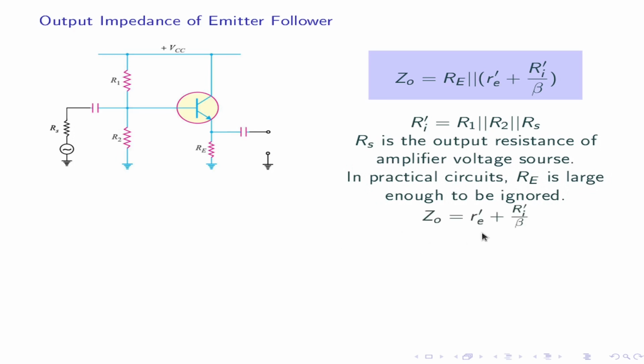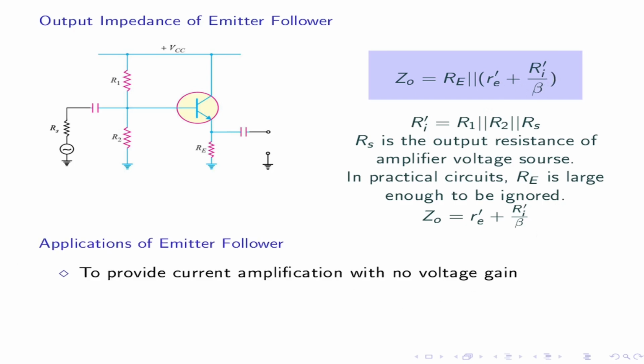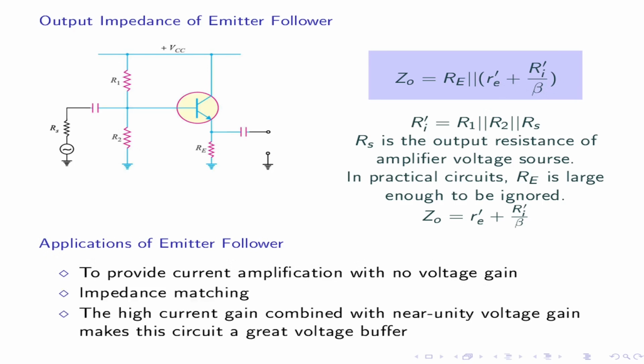Therefore, ZO is equal to RE prime plus RI prime by beta. Applications of emitter follower: to provide current amplification with no voltage gain, and impedance matching. The high current gain combined with near unity voltage gain makes this circuit a great voltage buffer used for circuit isolation.